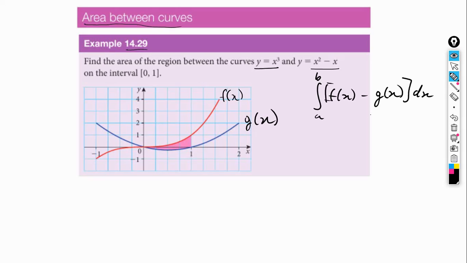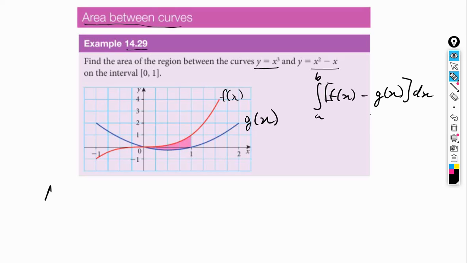So this is the general rule for finding the area between curves. Top curve minus bottom curve. So in this case, f of x is always the top curve and g of x is always the bottom curve. So it's a pretty simple, straightforward integration.